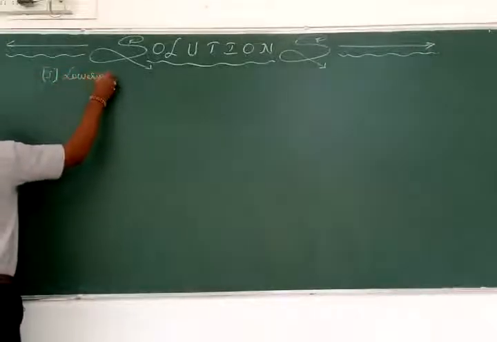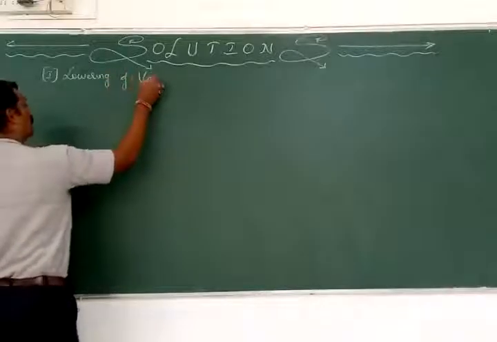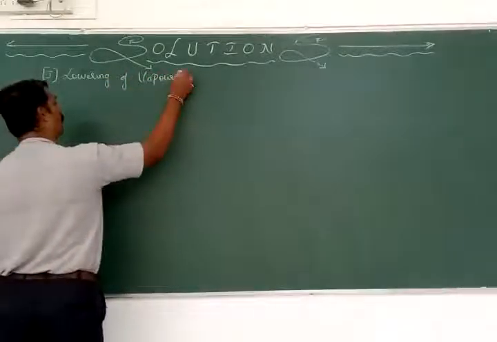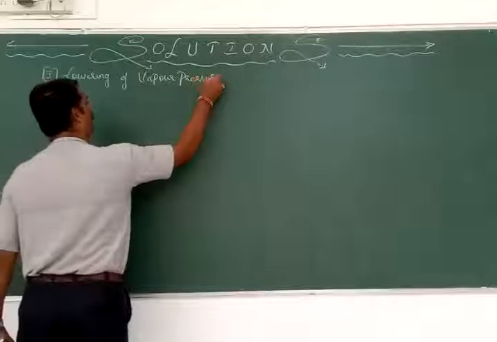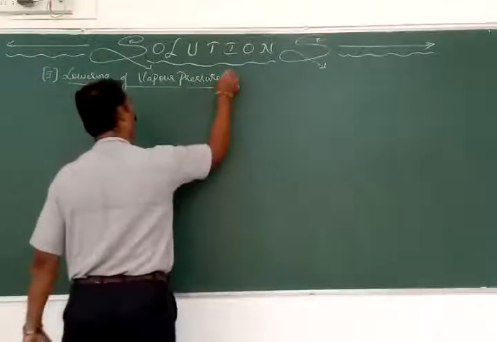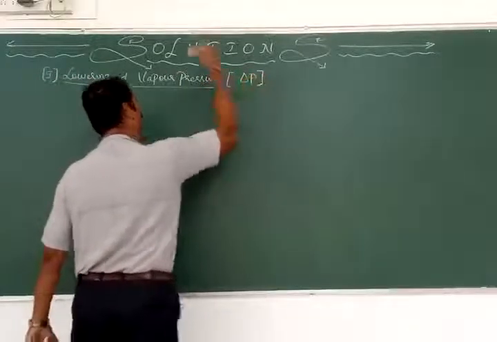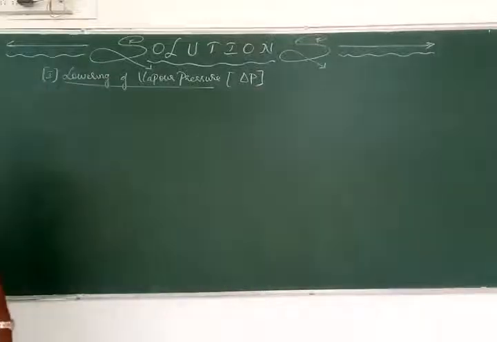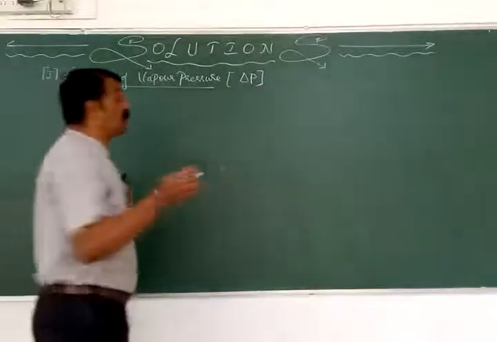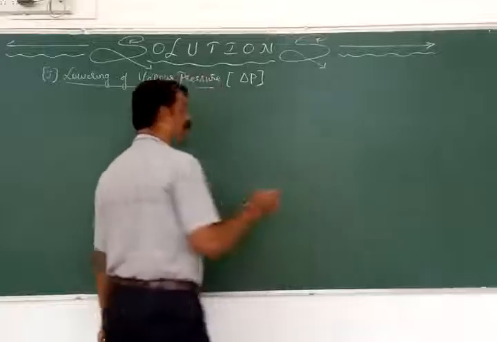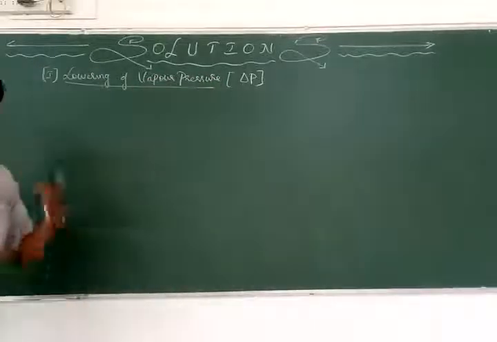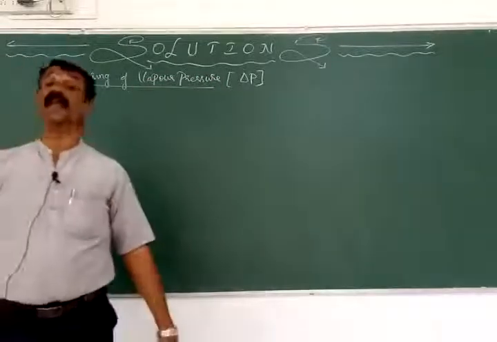Lowering of vapor pressure has a symbol of delta P. Delta P means lowering of vapor pressure. So first, what is pressure as usual? Pressure is the force acting per unit area.